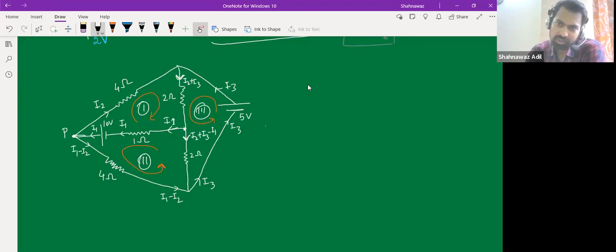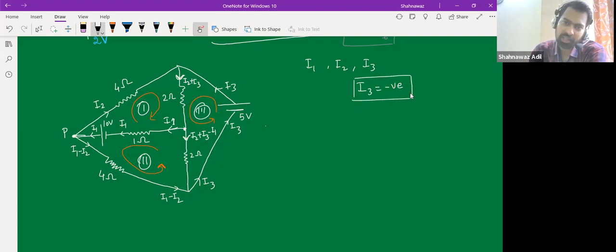Let's say you calculate I1, I2, and I3, and you found that one of them is negative, which means that we have assumed the incorrect direction, so we have to correct the direction of the current. So we can choose any direction, but ultimately the final answer will correct our assumption. Understood?